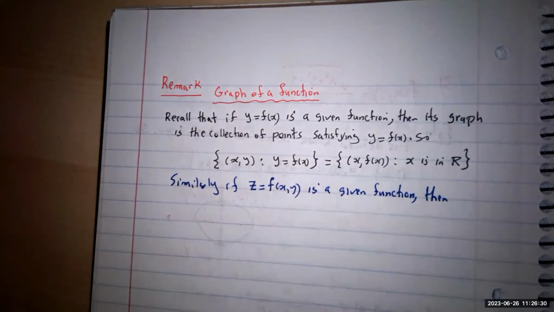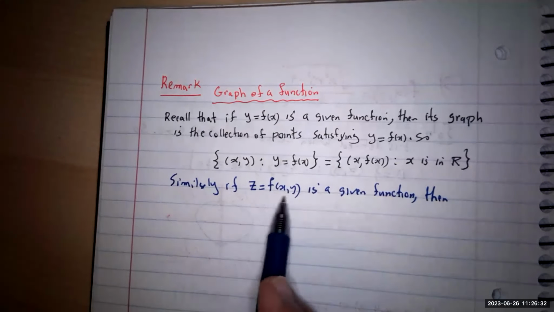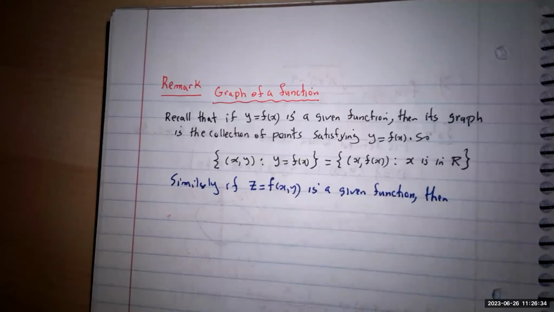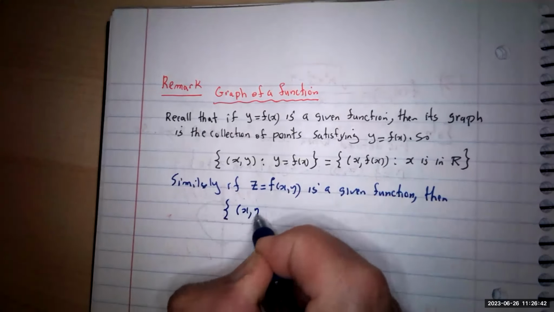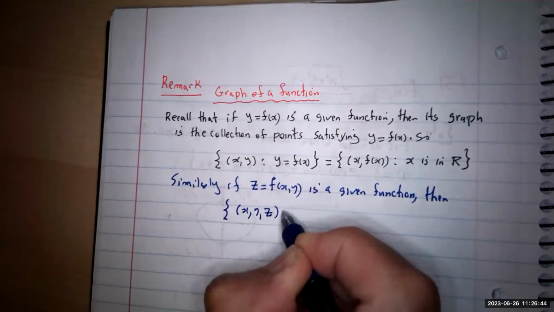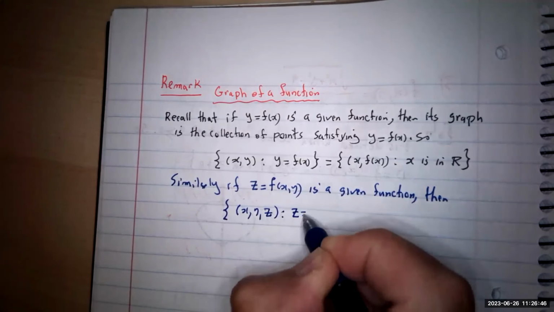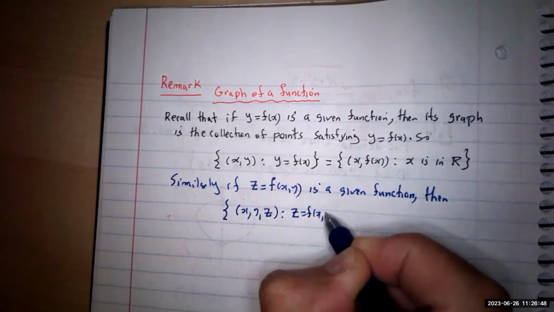The graph of the function is going to be a collection of points that satisfy this condition. So you are going to be in three dimensions: x comma y comma z such that z equal to f of x comma y.